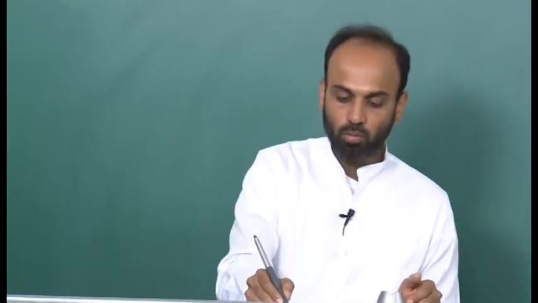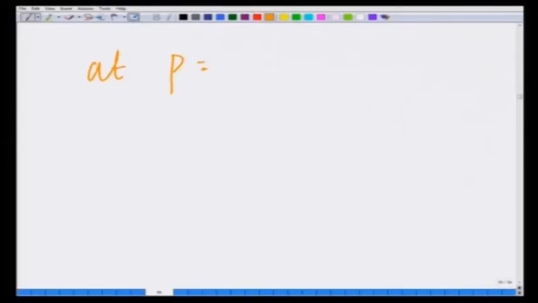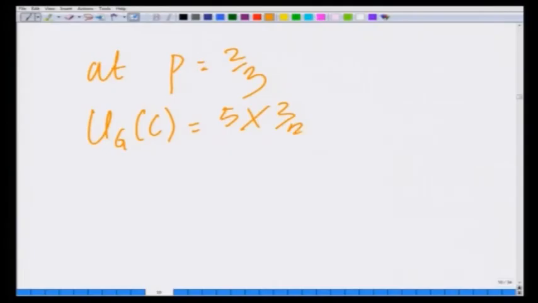So, in this case, she can use any value of the probability mixture q, and each of them will yield exactly the same payoff, because cricket yields a payoff of 5 times p, and p is equal to 2 by 3. So, let us compute that. At p equal to 2 by 3, her payoff from cricket is equal to 5 times 2 by 3, which is 10 by 3.